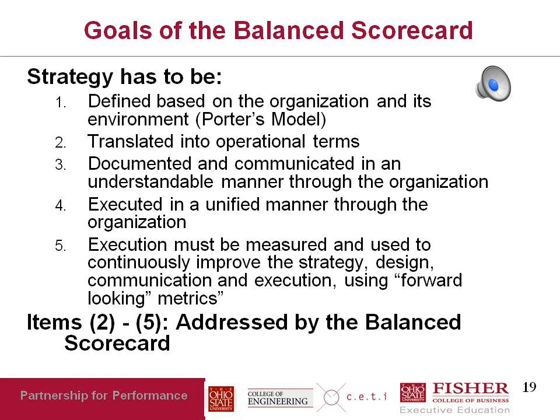On the other hand, if you measure new leads, those are forward-looking metrics, because if you know that the number of new leads that you're getting is rising, that means you're doing better. On the other hand, if you find that the number of new leads that you're getting is falling, you're likely to do worse in terms of future completed sales.